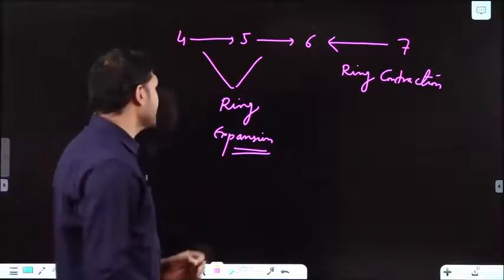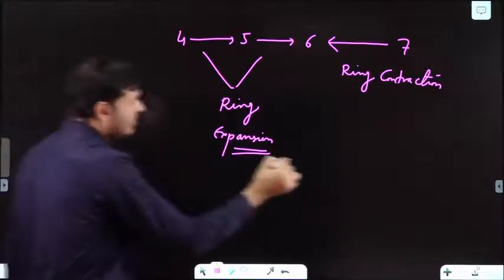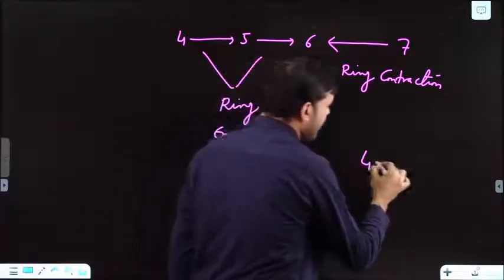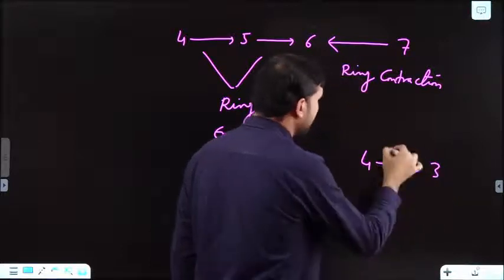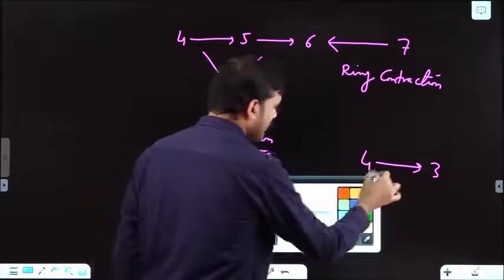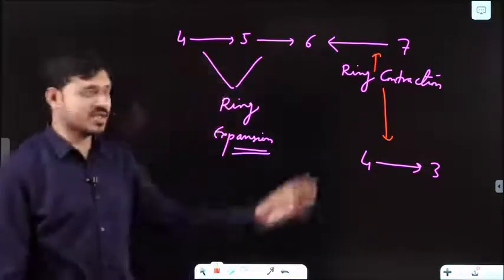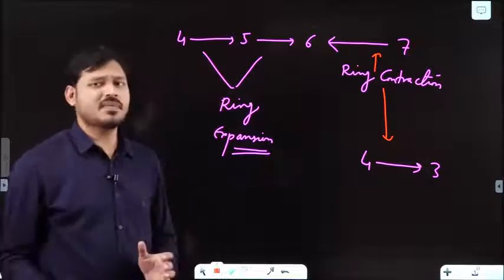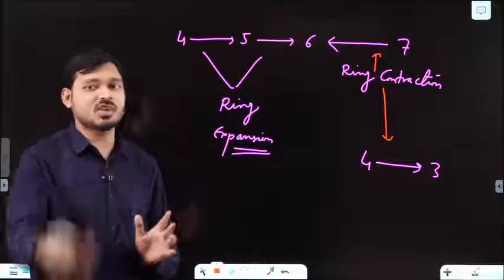There is one more special case. A 4-membered ring will go towards a 3-membered ring. This is also a case of ring contraction, okay? So these are two cases we will be discussing. Also, if you come across an example of 8-membered to 7-membered, then 6-membered, that is also possible.